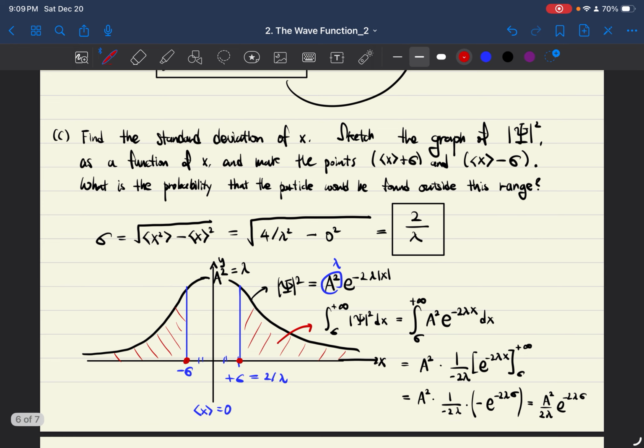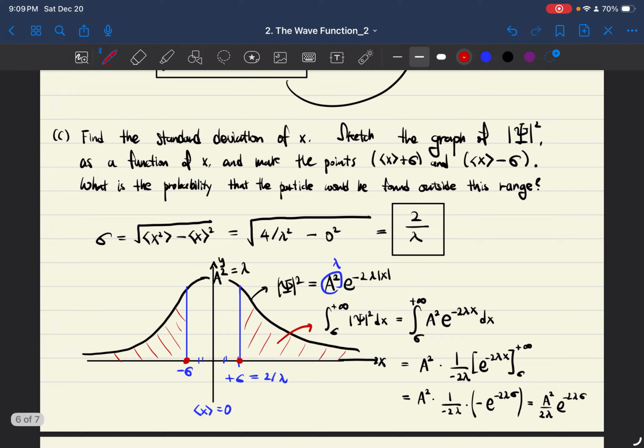Next, find the standard deviation of x, sketch the graph of psi norm squared as a function of x, and mark the points from bracket x plus sigma and bracket x minus sigma. What is the probability that the particle would be found outside this range?